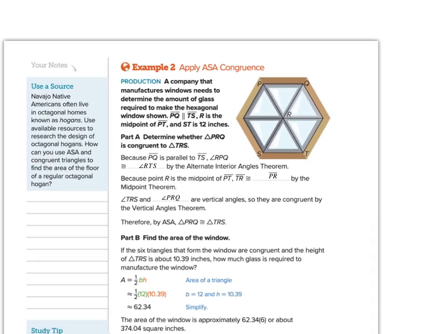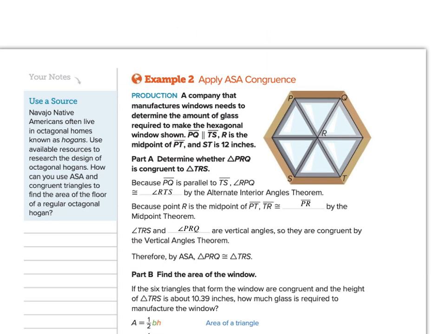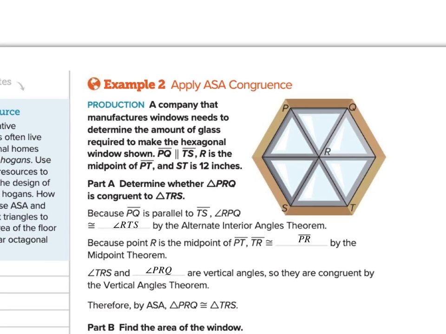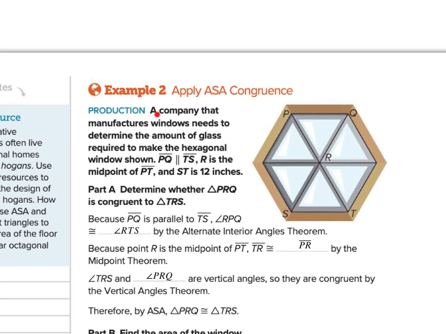So here, applying this angle side angle, and I'm not going to read too much, but let's look at what's going on. It says a company that manufactures windows needs to determine the amount of glass required to make the hexagonal window shown. Okay, hexagonal window. It tells me that PQ is parallel to TS.